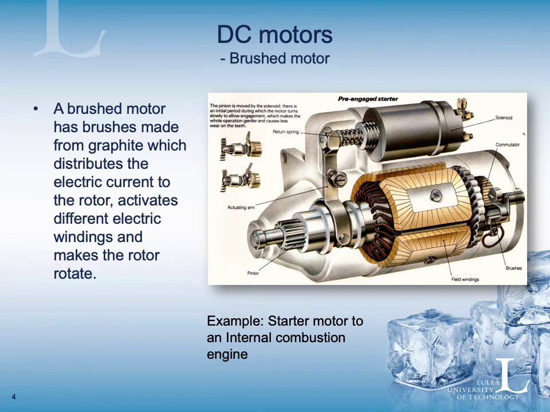You can see field windings, but the field windings could also have been replaced with permanent magnets. So, as you can see in this brushed motor example, we don't have any permanent magnets. But in other brushed DC motors, we could have permanent magnets on the stator. This example is a starter motor for an internal combustion engine.